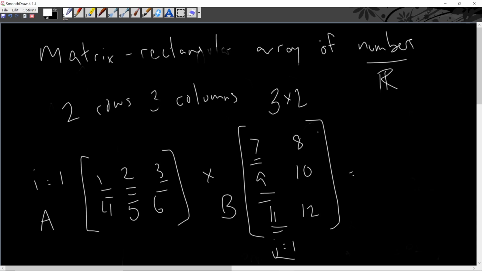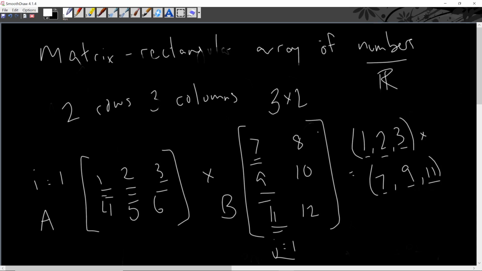So we have 1 and 2 and 3 times 7, 9, and 11. So we have to do 1 times 7, 2 times 9, and 3 times 11, or a_ij times b_jk. I mean, wait, b_j1.